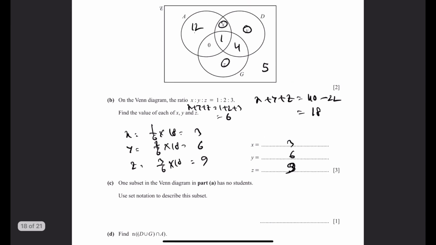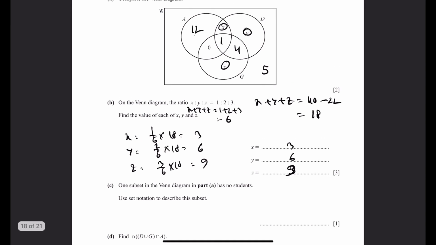Okay, one subset in the Venn diagram in part A has no students. I mean, this is the part for no students. Okay, we need to describe it in set notation.